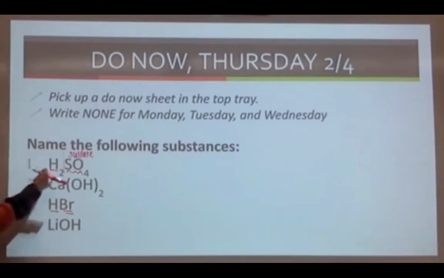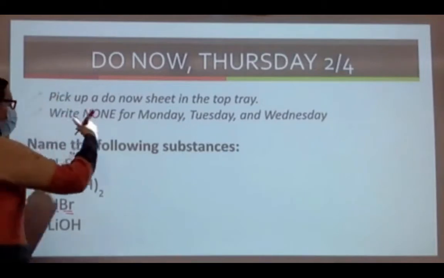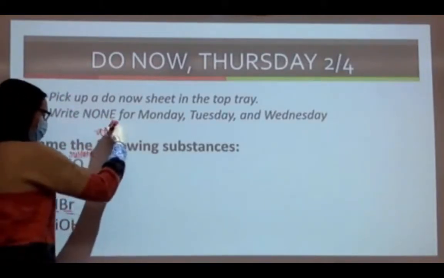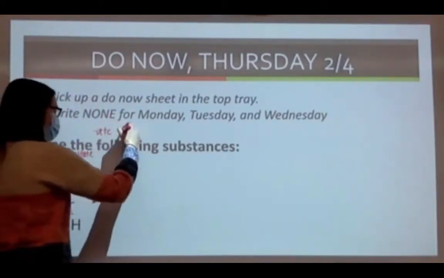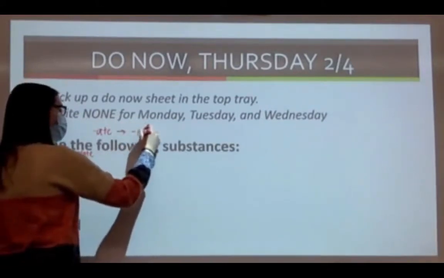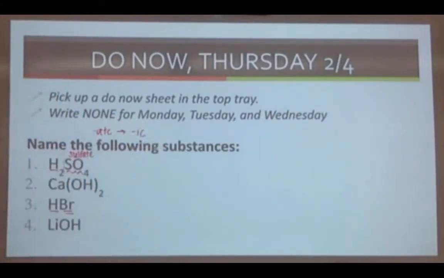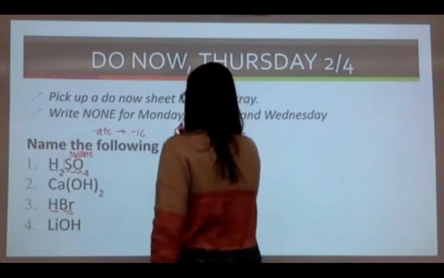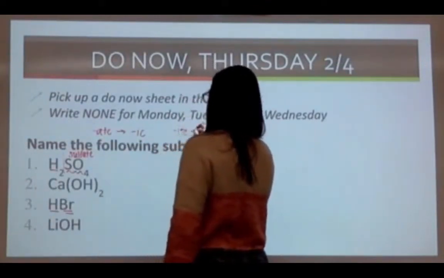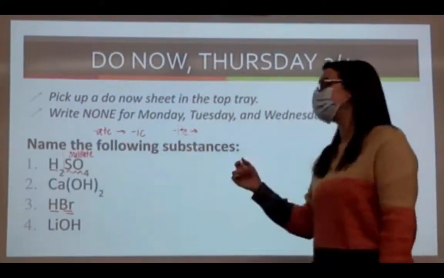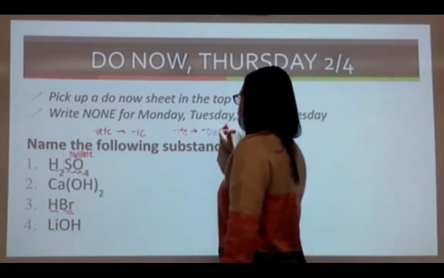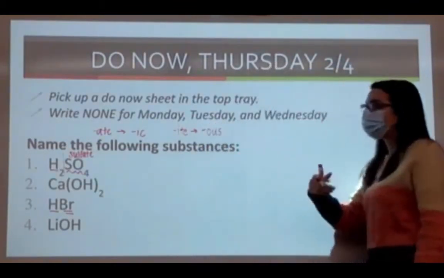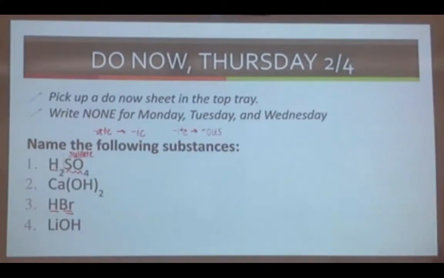Again, we know it's an acid because it starts with an H. The way that I taught honors is that ate changes to ick. So you ate something icky is always how I taught it. The ate ending changes to ick, and the ite ending, like nitrite, sulfite, changes to ous. So you can remember ic and ous, you ate something icky.